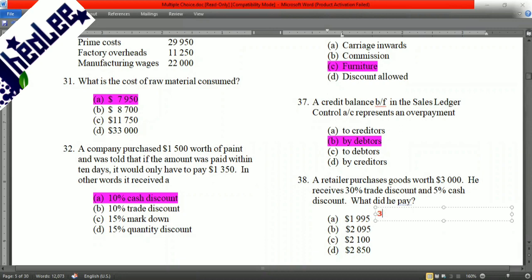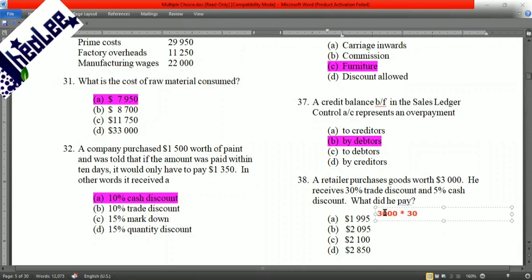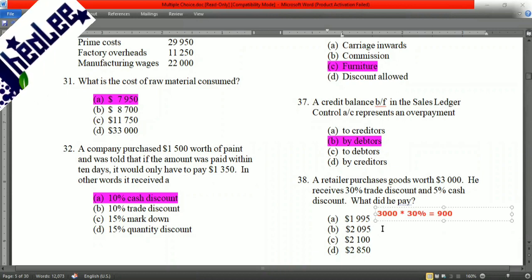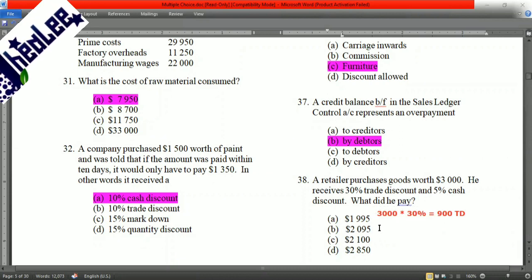So it is 3,000 times a trade discount of 30%, and that would give you $900, right? So that is a trade discount. Let me put D beside that, trade discount.